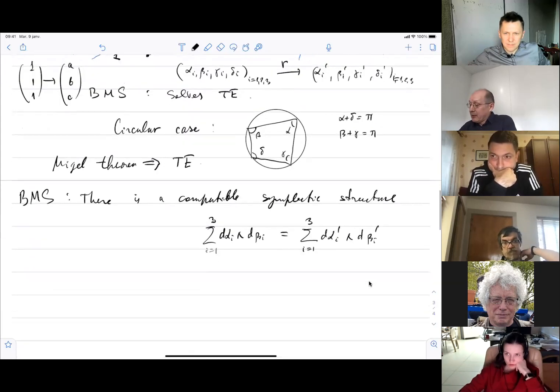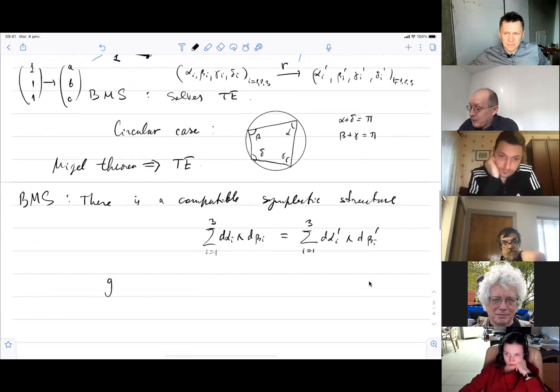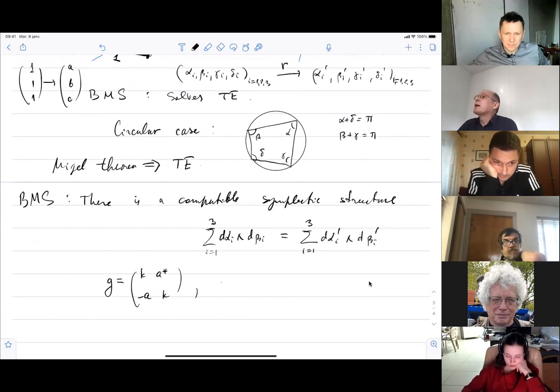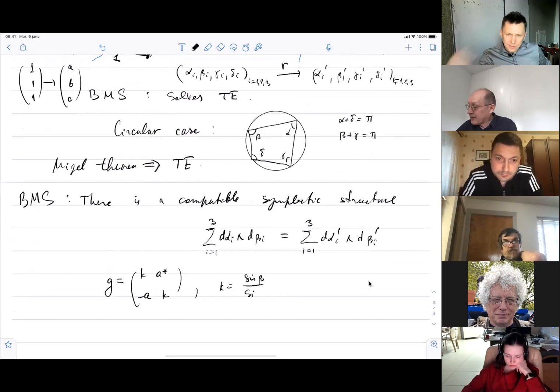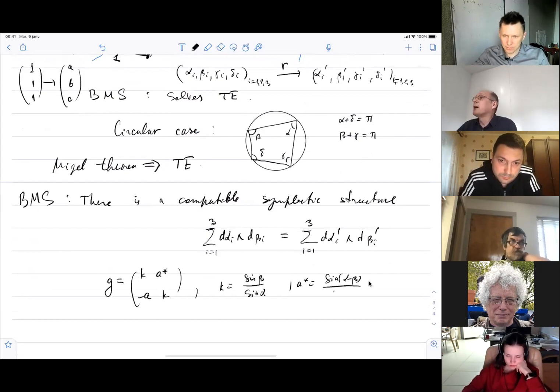For example, I'm using their notation. They write G like K, A star, minus A, K, where K is sine beta divided by sine alpha, A star is sine of alpha minus beta divided by sine alpha, and A is sine of alpha plus beta divided by sine alpha.